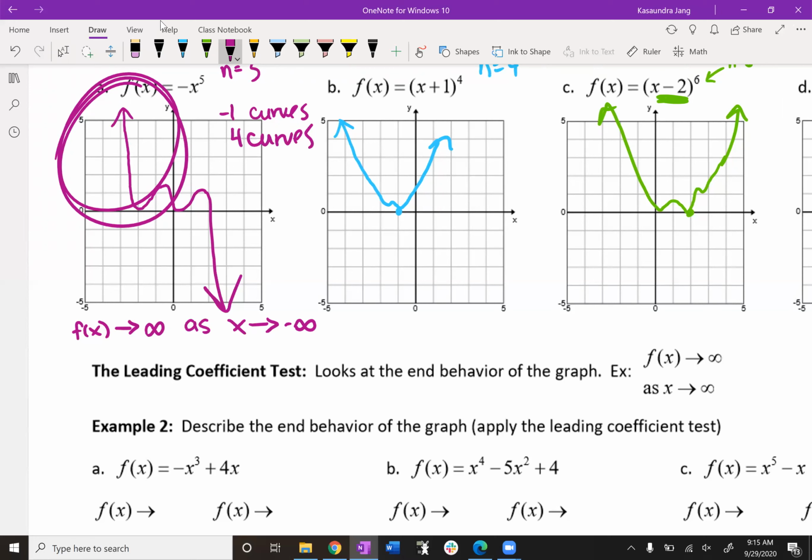F of x goes to positive infinity as x goes to negative infinity. It's saying I go up as I go to the left. So it's describing the left end of this graph.